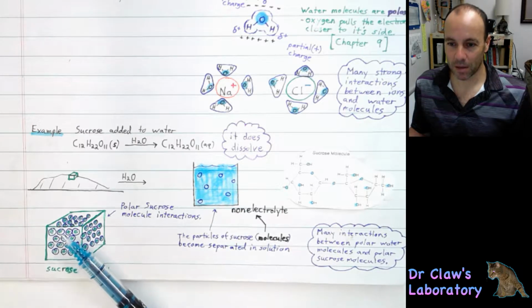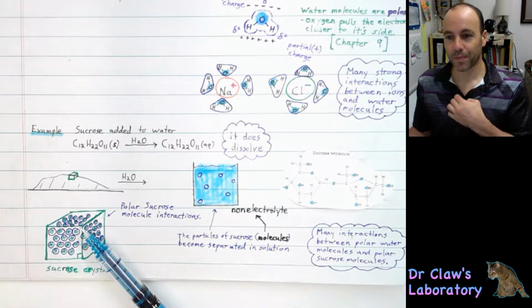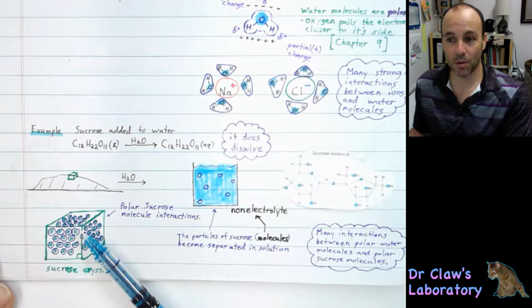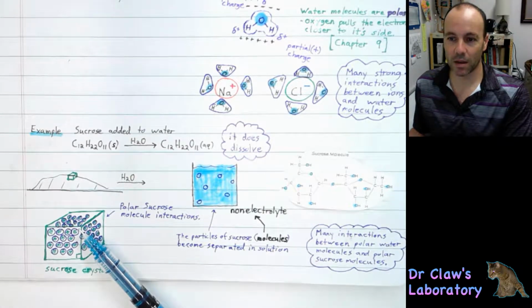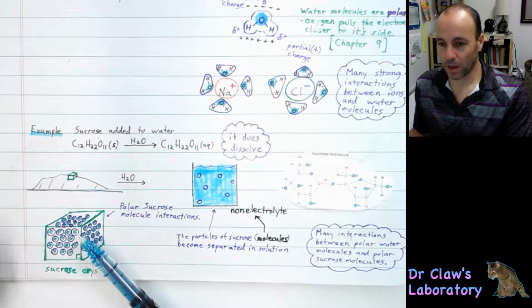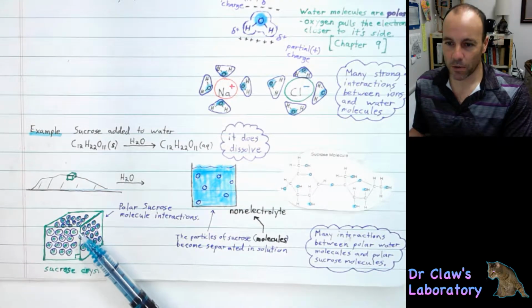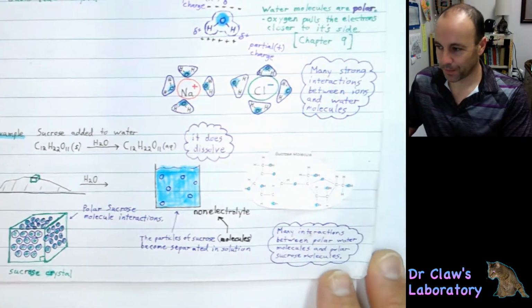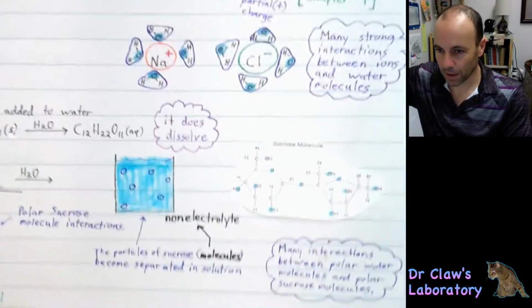These molecules are held together through dipole bonds, kind of like water molecules. So if you examine one particular molecule of sucrose, I have its structure right here. Let's take a closer look at this.